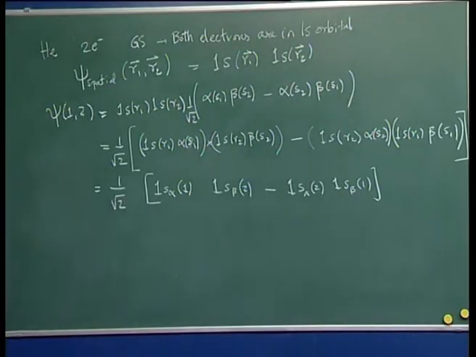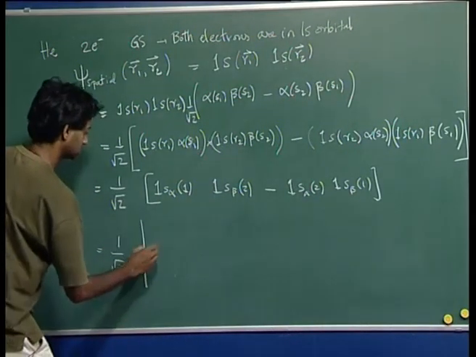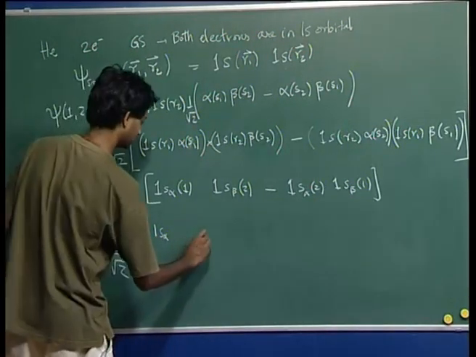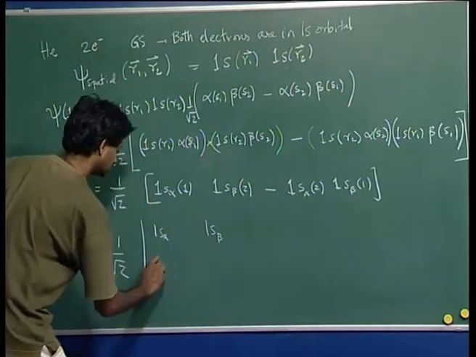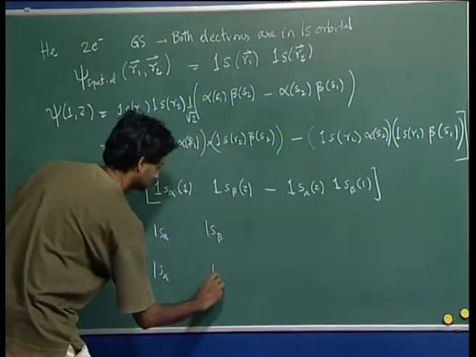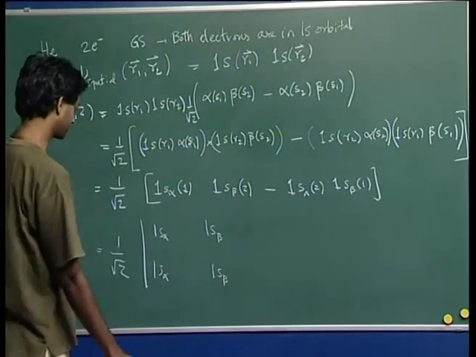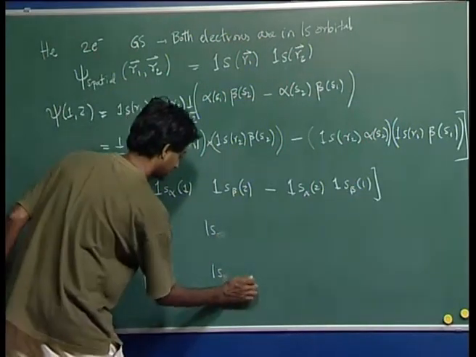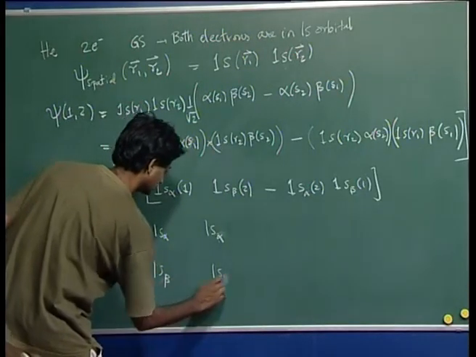Okay. And this can be written as 1 by root 2 times a determinant. Sorry, I will put it slightly differently. I will write 1s alpha, 1s alpha, 1s beta, 1s beta.